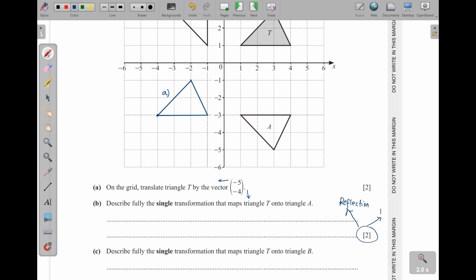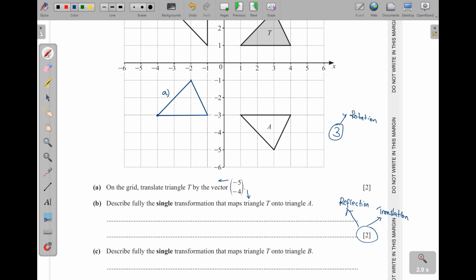Then the other one is translation. Okay, you tell us translation, then which vector, you give the vector. Okay, and then if the number of marks are 3, you think about rotation, because you tell us rotation through which angle. Is it 90 degrees clockwise or anti-clockwise? Even the direction has to be there.